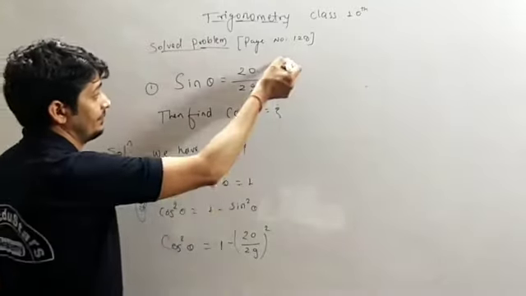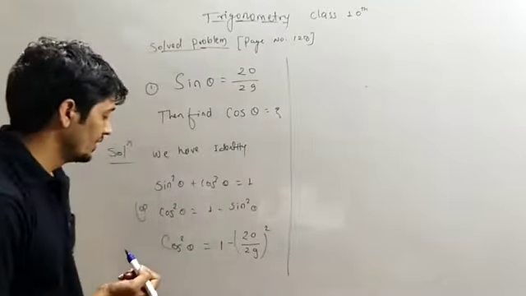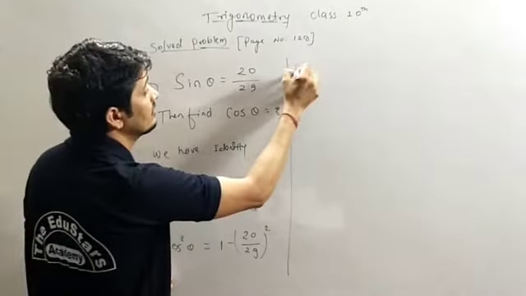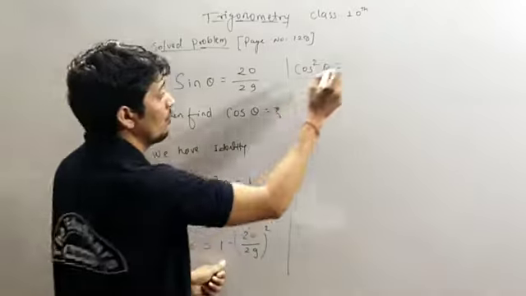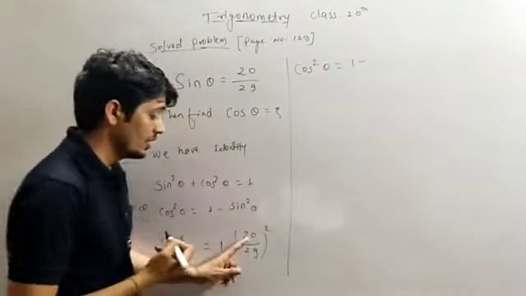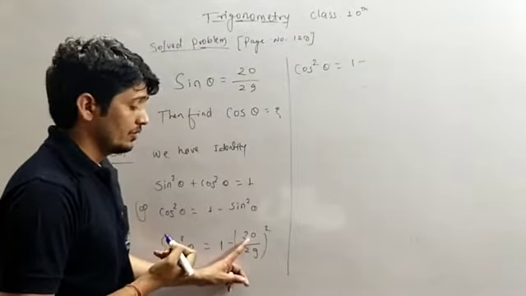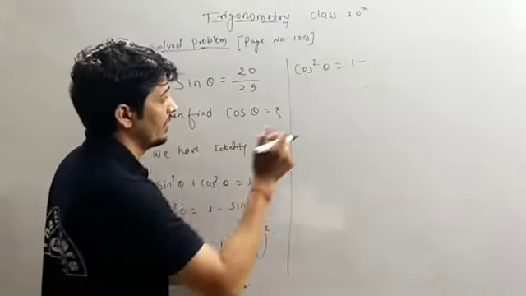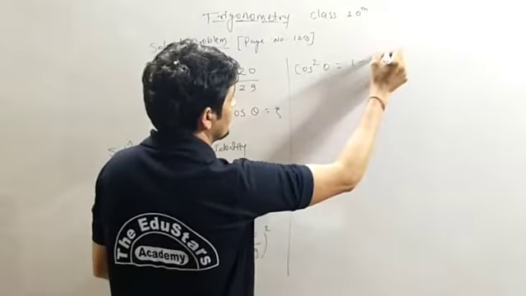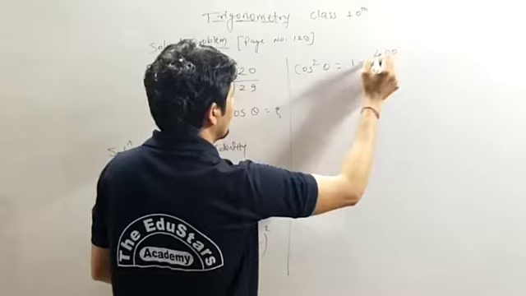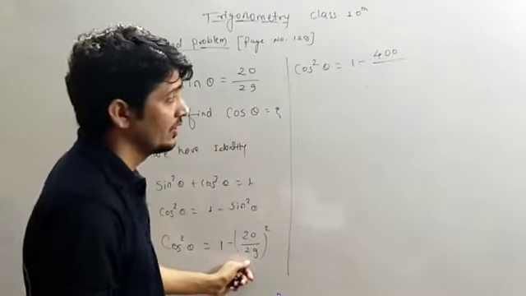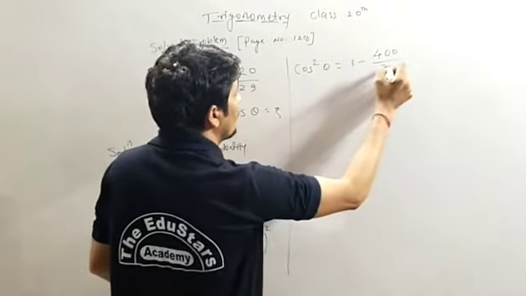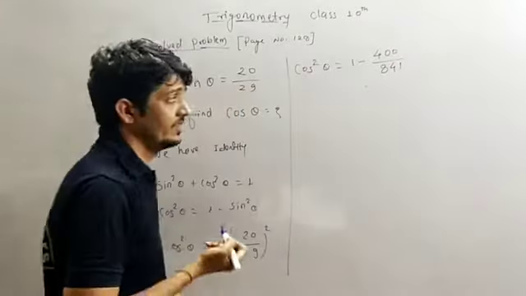Now cos square theta equals 1 minus, the square of 20 is 400, divided by the square of 29, which is 841.